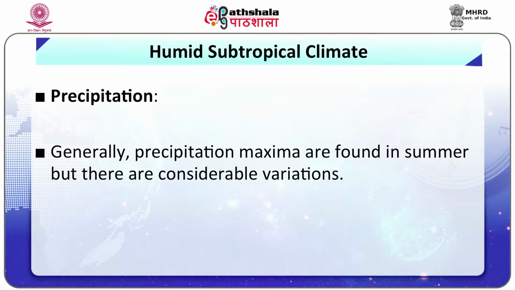For instance, in the United States, precipitation in the Gulf states is very uniformly distributed, but northward or towards drier western margins, much more precipitation takes place in summer. In this climate, onshore trade winds bring precipitation.